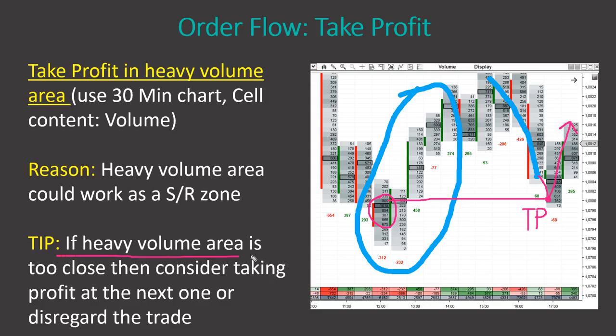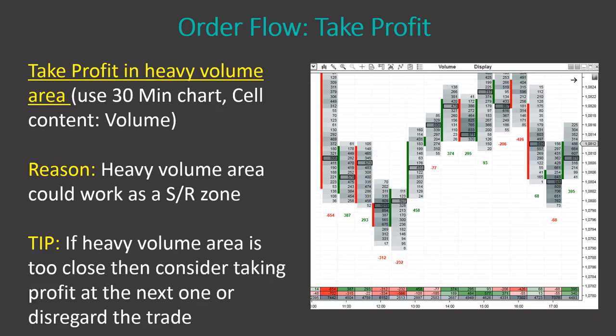Now, if the heavy volume area is too close, so imagine you entered, for example, in here, and the first heavy volume area is here, which is a bit too close, then you have two options. You can consider taking your profit at the next heavy volume area. So this would be the first heavy volume area. This would be the second heavy volume area.